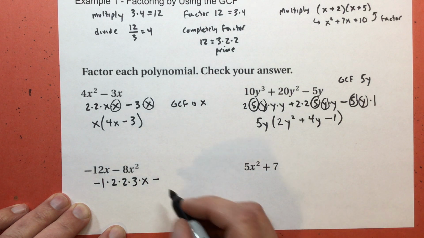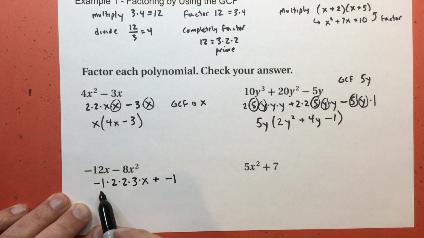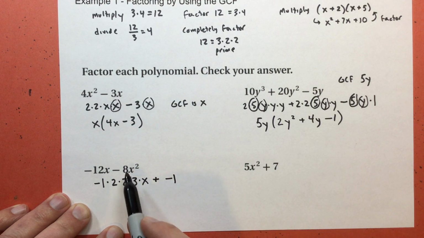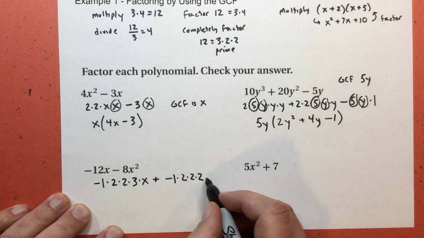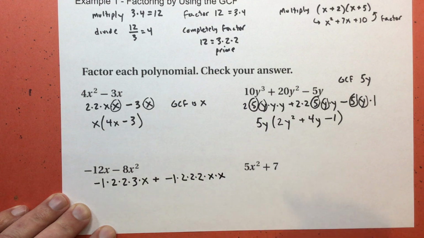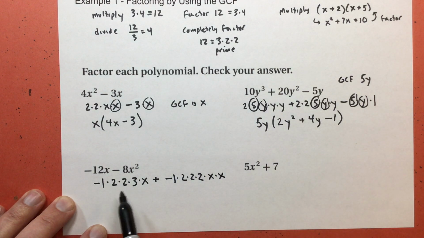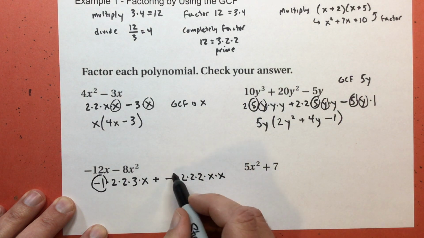All right. I'm going to add negative 1, because I got negative 1 there. I'm thinking ahead. 8 is 2 times 4, which is 2 times 2. And x to the second power is x times x. So now, by changing that subtraction to adding negative, I have a common factor of negative 1.